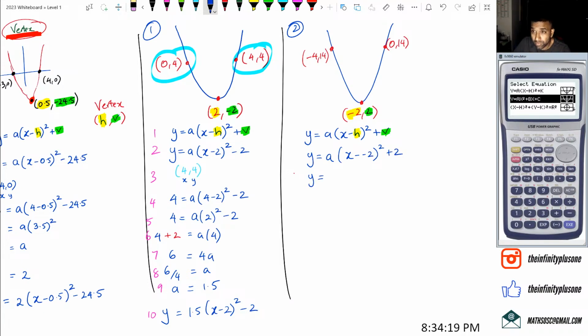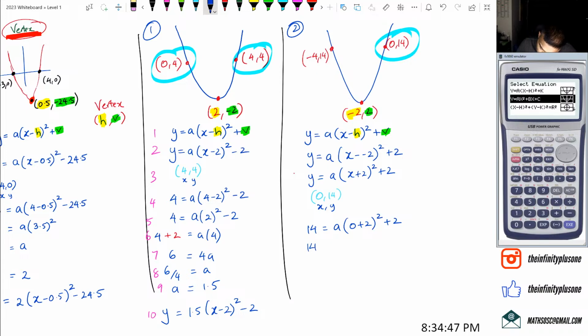Remember that 2 minuses make a positive, so we're going to have (x plus 2) squared plus 2. Now choosing a point, I'm going to choose this point, which is (0, 14).